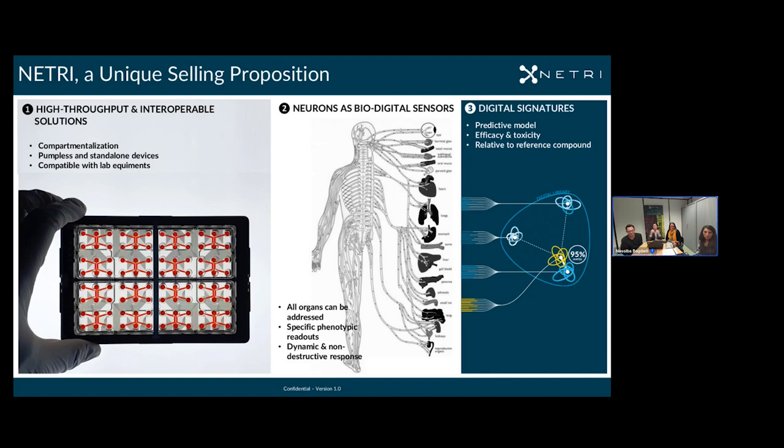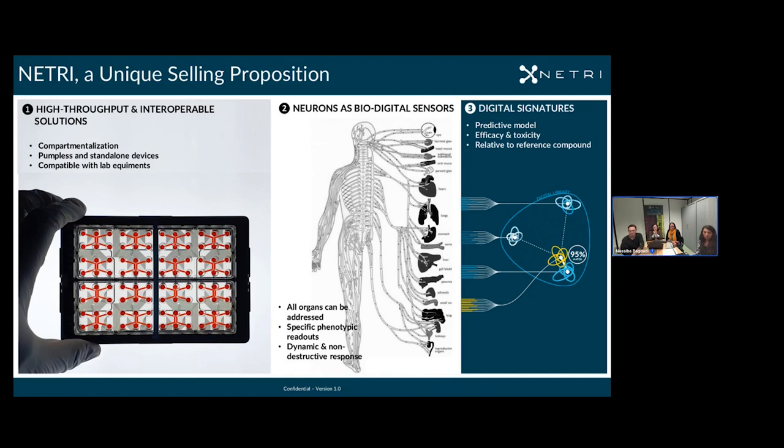Second, our chips are made from a breathable, special type of silicone, which enables exchanges of oxygen, so you don't need to add any pumps or additional devices to make sure that your cultures stay alive. And also, our devices have the same dimensions as classic 96-well plates, so they are compatible with most lab equipment.